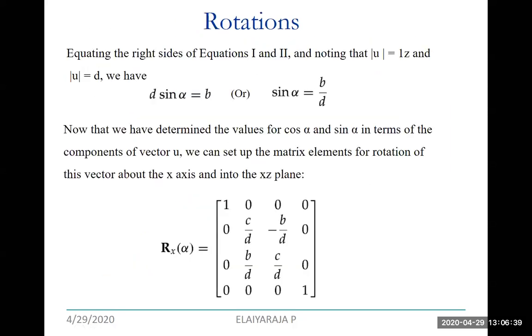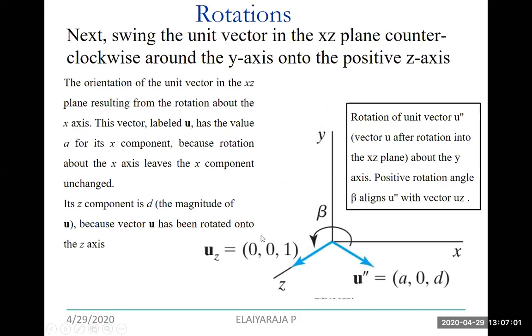So put into the matrix the rotation with respect to the x axis, where you can write 1 0 0, 0 cos alpha minus sin alpha, 0 sin alpha cos alpha. So you can write this matrix.